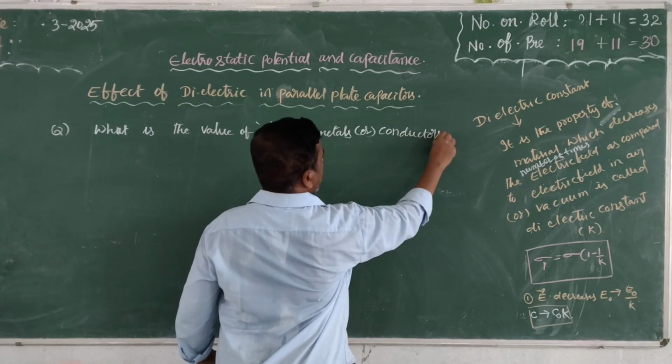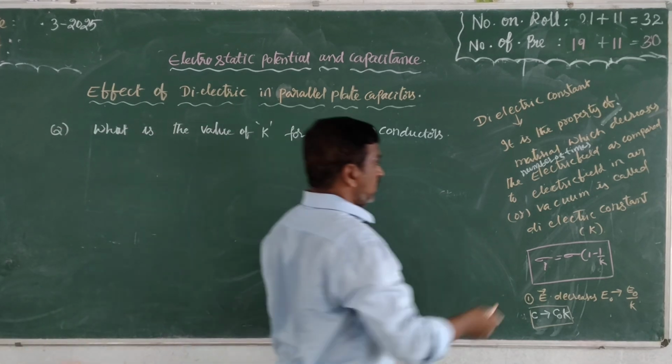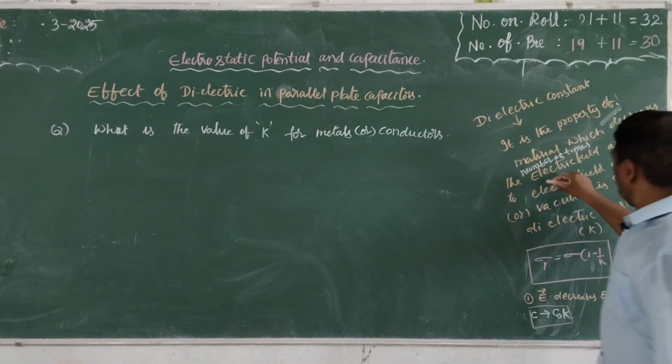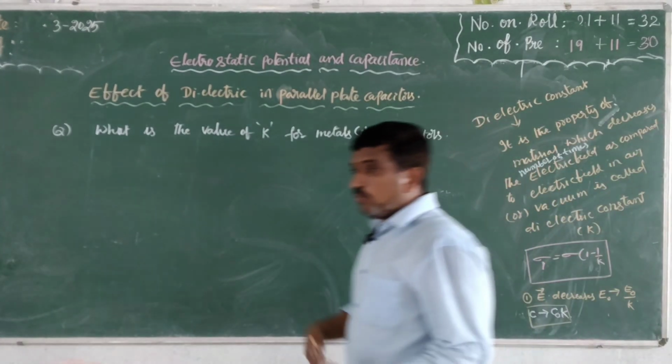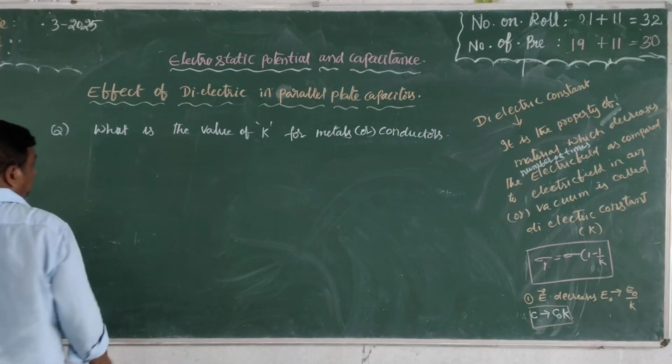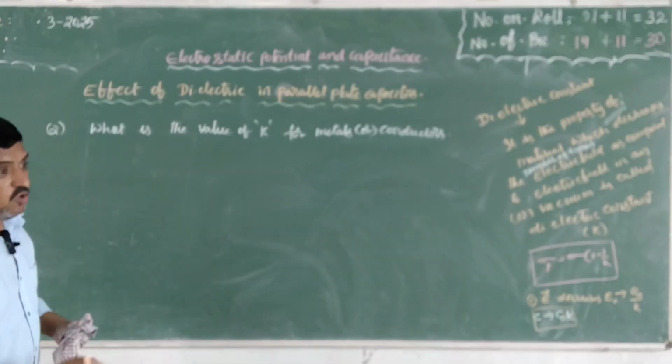K means dielectric constant. Dielectric constant is the property of a material: the number of times electric field decreases as compared to electric field in air or vacuum. How many times is the electric field decreased when dielectric is placed between the plates? That number of times we call K.